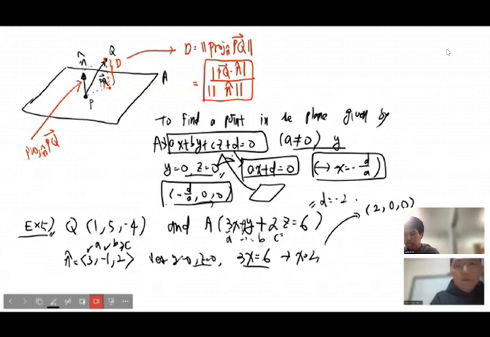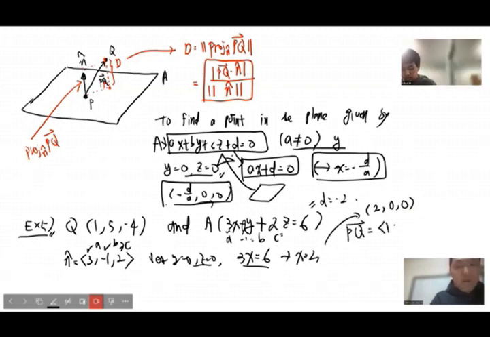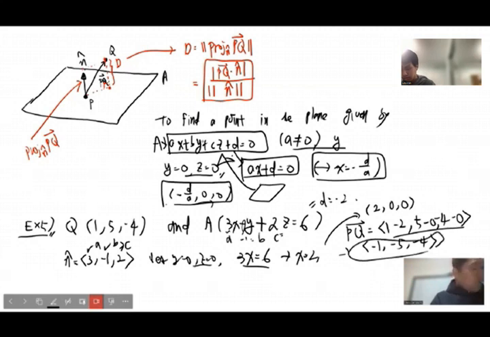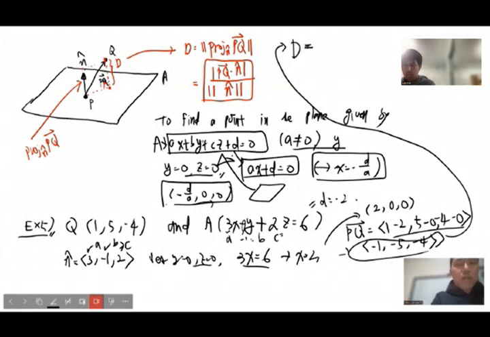Now the PQ from that should be 1 minus 2, 5 minus 0, and minus 4 minus 0. So that is (minus 1, 5, minus 4). So using this point, you can estimate the distance between the point and the plane. Based on the definition, it's the absolute value of the dot product between PQ and the normal vector n, divided by the magnitude of the normal vector.